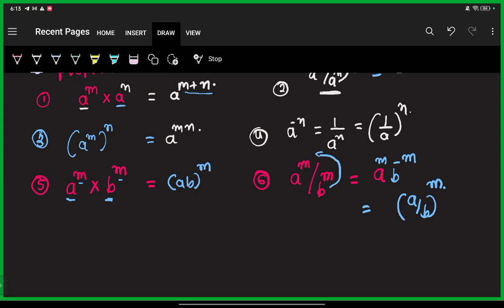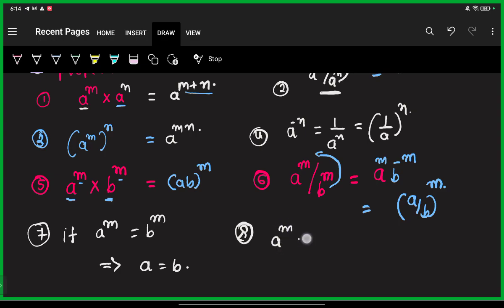Okay. Seventh one. Let's say A raised to m is equal to B raised to m. So what we can say about A and B from this condition is that A and B are equal, right? That means the bases are same, yes or no? If A raised to m is equal to B raised to m, then the bases are equal. That means A is equal to B. Eighth one, A raised to m is equal to A raised to n.